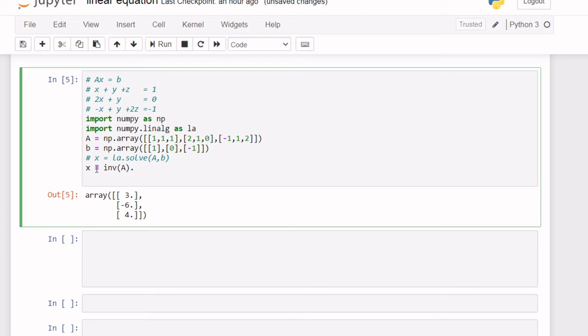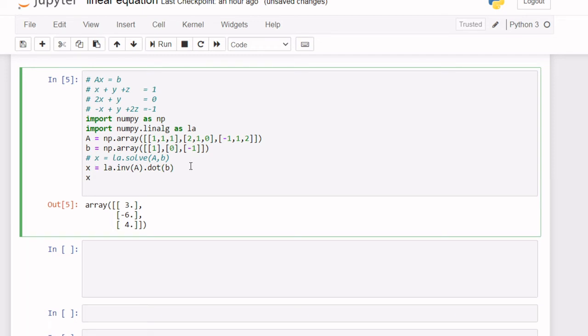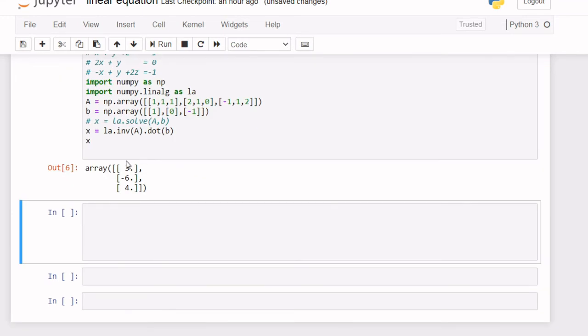To multiply two matrices we use the dot method, and we give b here; the inverse function also comes from la, linear algebra. Here we again get 3, -6 and 4, the same as previously.